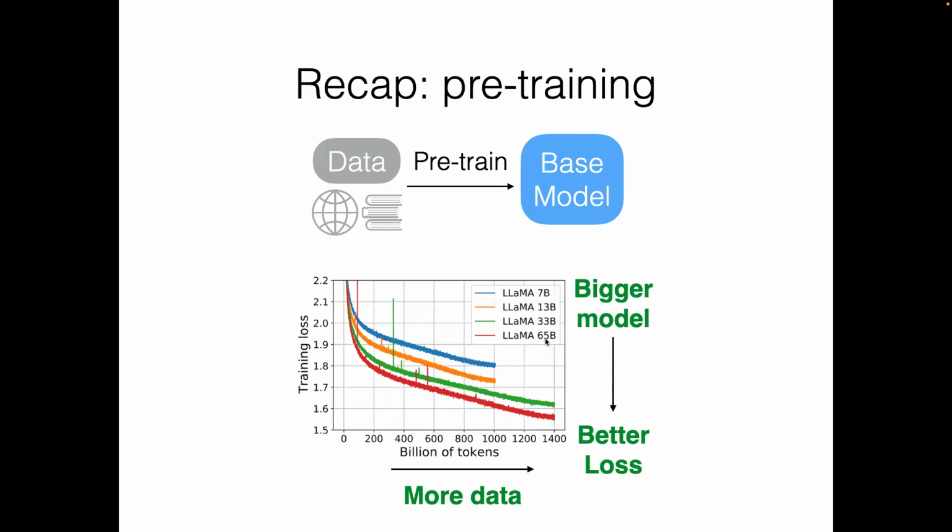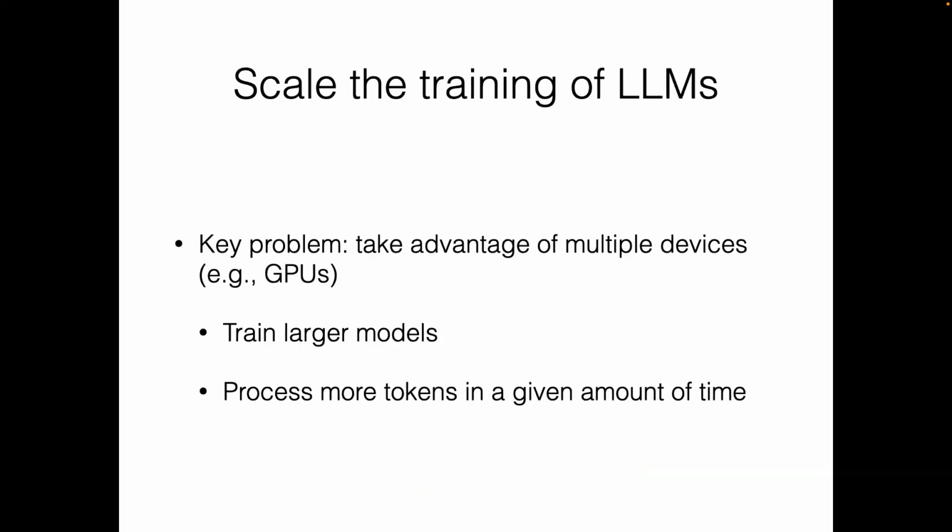So then the question is, how do you actually implement this? Trillion is a pretty big number. We have billions of parameters. How do you actually run this if someone gives you a lot of, say, GPUs? Again, the key problem is we want to scale up the training or pre-training of language models, and we want to take advantage of computation on multiple devices. Your devices don't have to be GPUs.